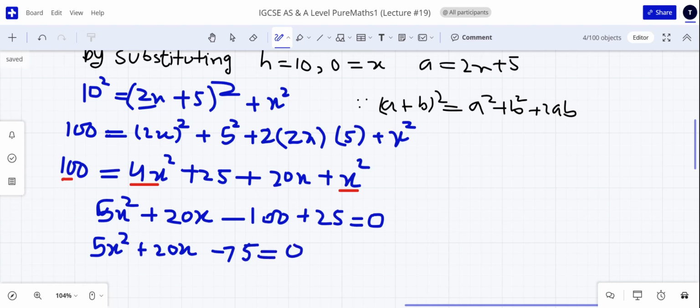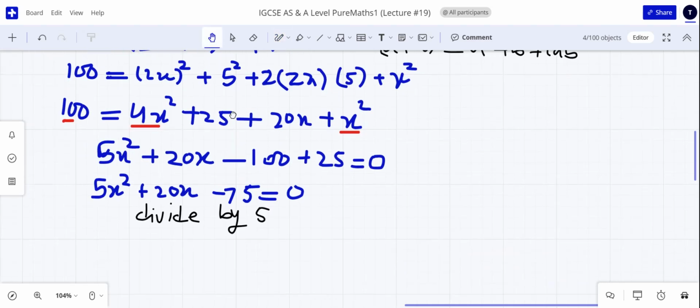Now as we know, we can further simplify because 5 is common. 5 times 4 is 20, 5 times 15 is 75. So now we are going to divide the whole equation by 5.